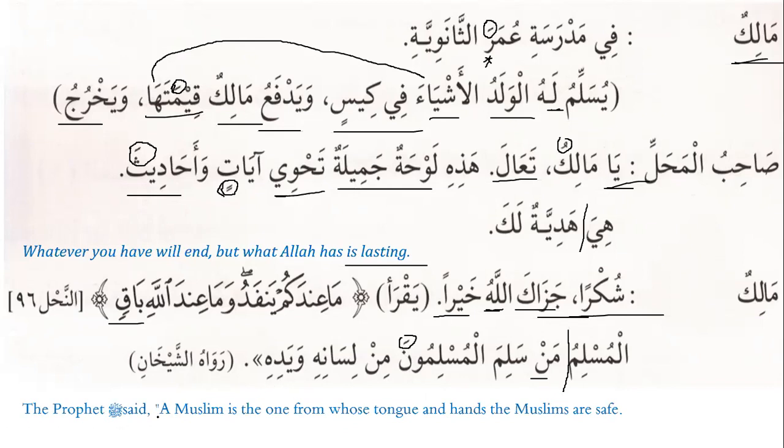So the Prophet Muhammad sallallahu alaihi wasallam said, a Muslim is the one from whose tongue and hands the Muslims are safe. So these days, and always, these are two things we need to be very careful about. Sometimes we say something, intentionally or unintentionally, which can hurt a person. And also, as we know, the hands.